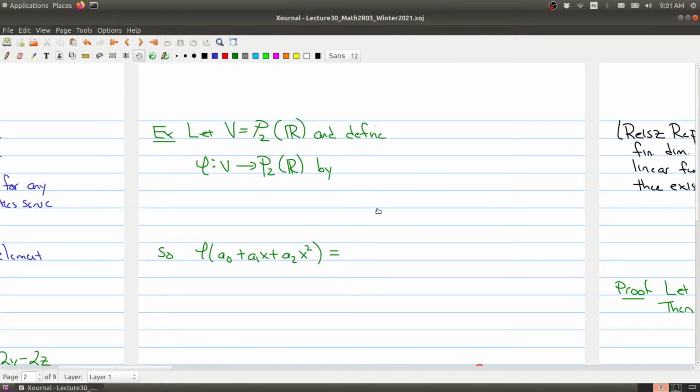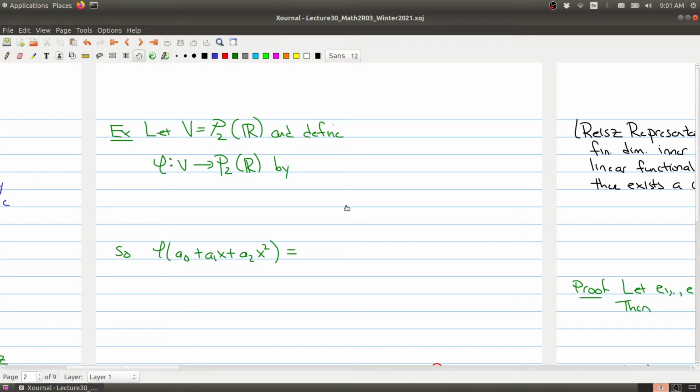You may think that this is a one-off, so let's do another example. Let's say we have our vector space of all polynomials of degree 2 or less, and we define a linear functional on this space by taking any polynomial and mapping it to the number we get after we integrate this polynomial on the closed interval from 0 to 1. So this is taking a polynomial and getting a number. I noticed I did something wrong here: this should just be R, because we're mapping to the set of real numbers. That is an example of a linear functional.